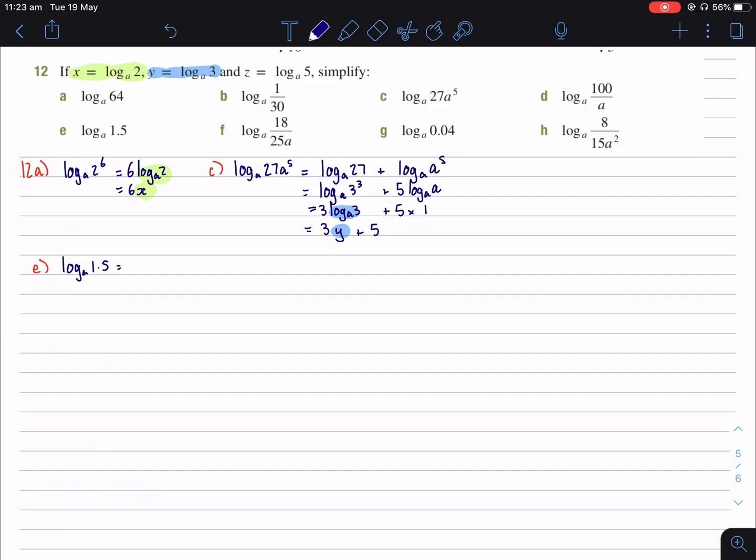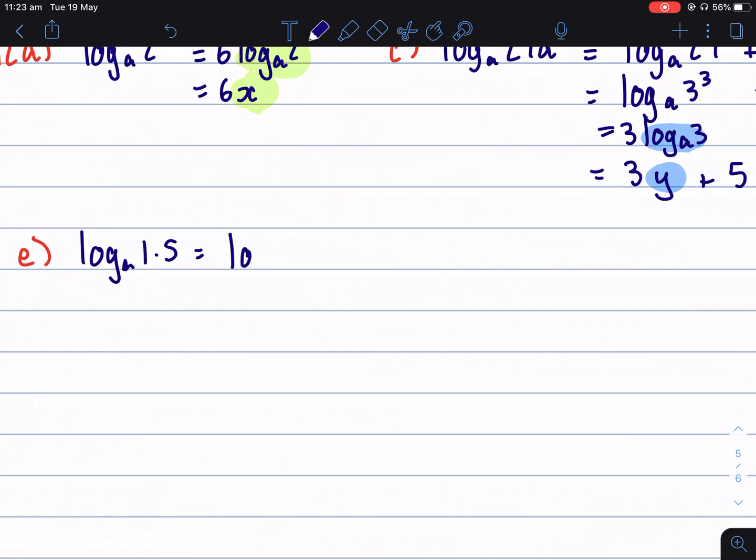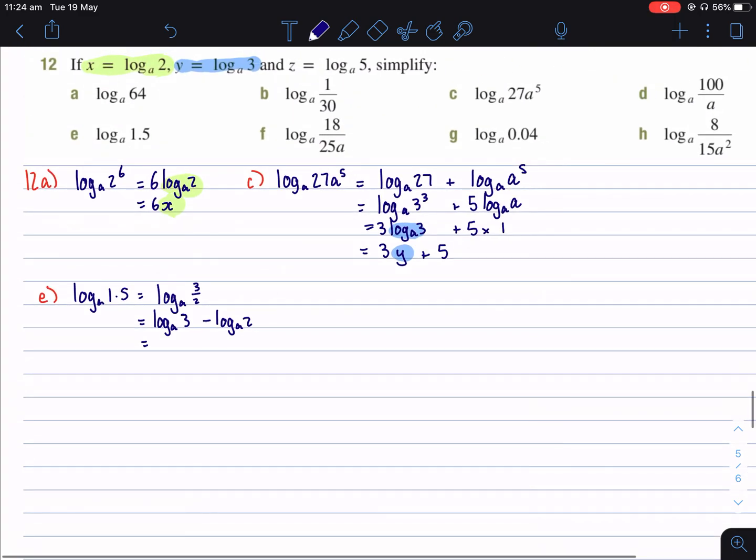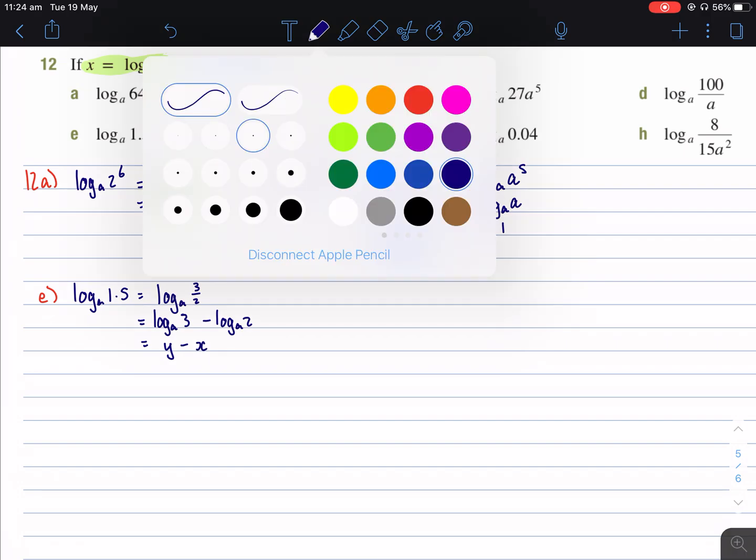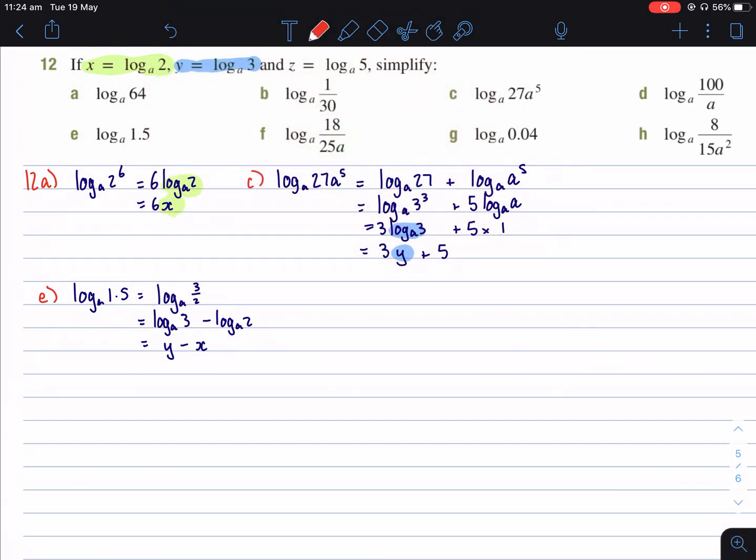Now, I don't know much about 1.5, but I do know that it's 3 divided by 2. So I'm going to rewrite it as that. Because now I can be like, well, that's log base A of 3 minus log base A of 2. And they've told me log base A of 3 is y, log base A of 2 is x. And leave it like that.